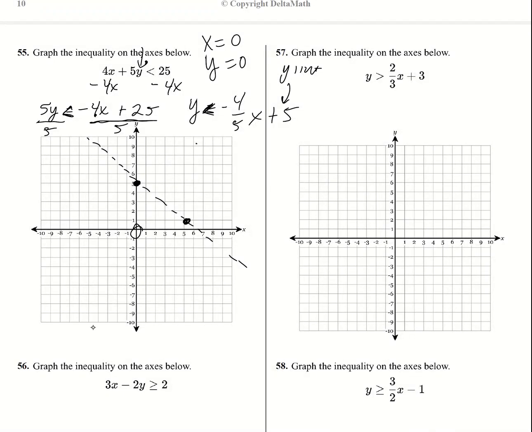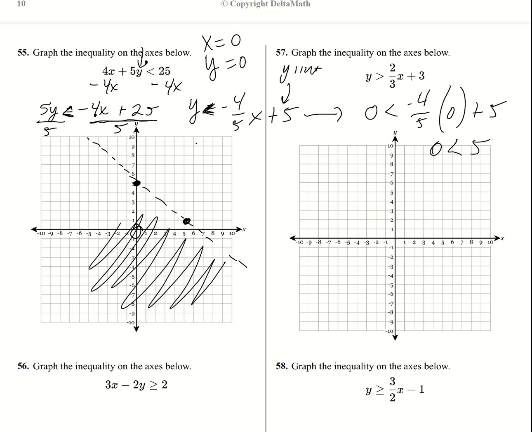So 0 is less than -4/5 times 0 plus 5. -4/5 times 0 is 0, so it says 0 is less than 5, which is true. That means this point 0, 0 would be included in the function, and so you can shade everything on the side of that point 0, 0.